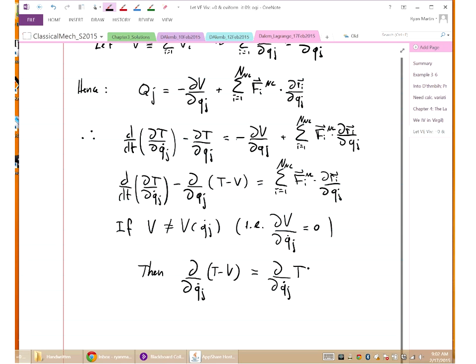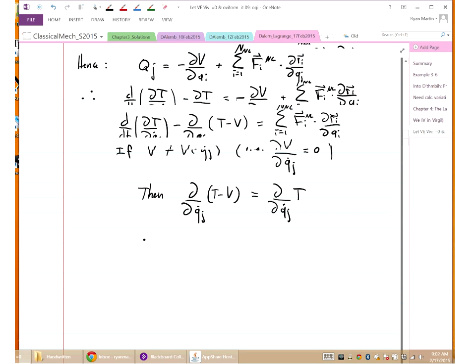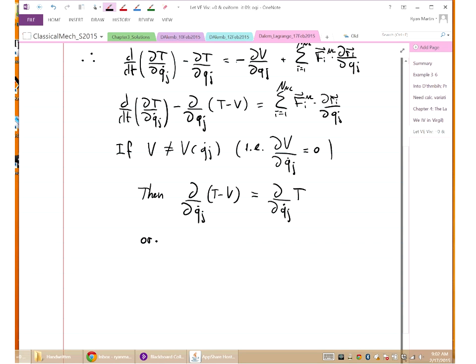So only when V doesn't depend on the generalized velocity, right? Or another way to say it is that ∂L/∂q_j dot is equal to ∂T/∂q_j dot, where L, remember, is T minus V.